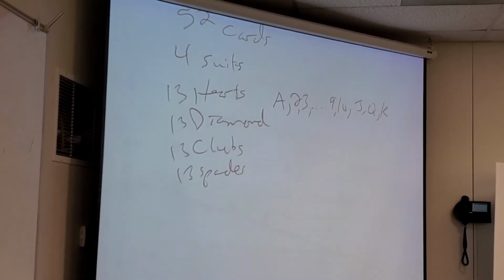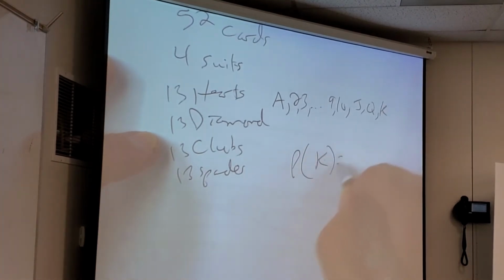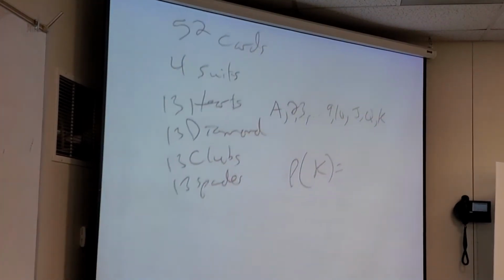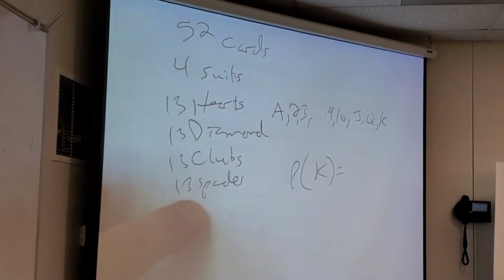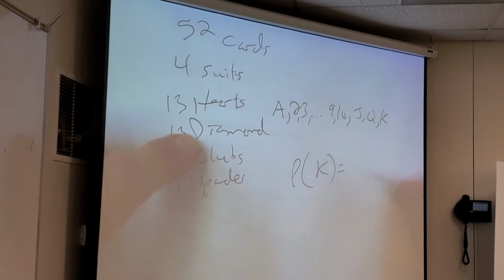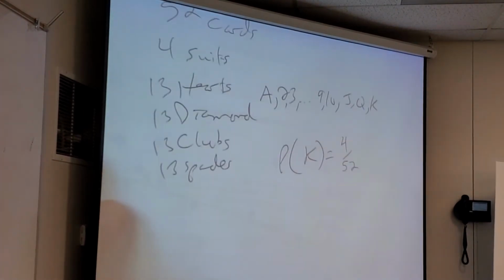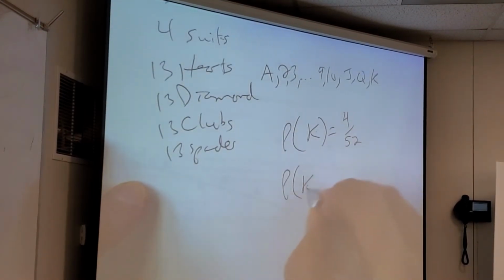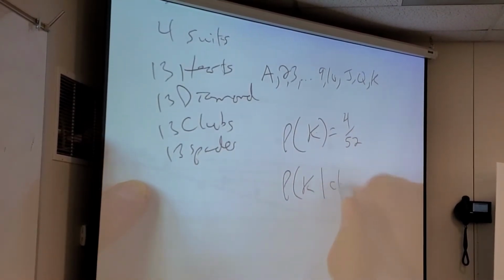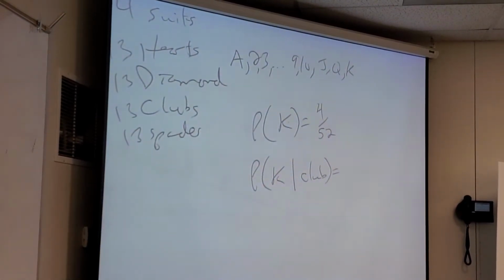What's the probability if I pick a card that I get a king? How many kings are there? 4: king of hearts, king of diamonds, and so on, out of 52 cards. What's the probability I pick a king given that it's a club? 1 out of 13.